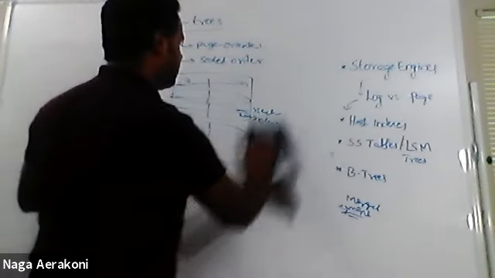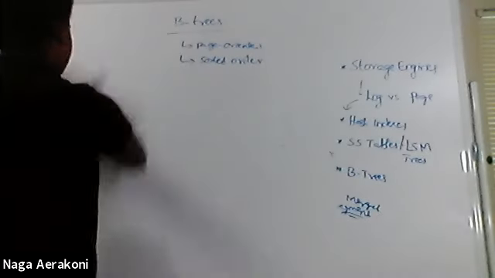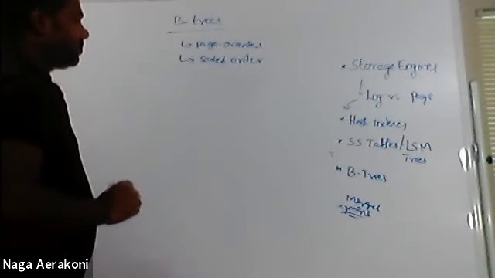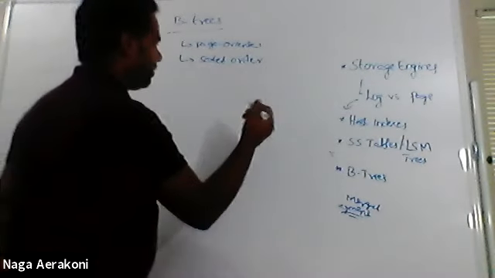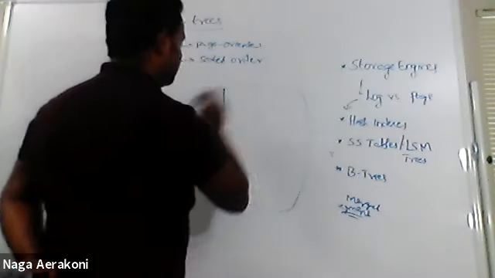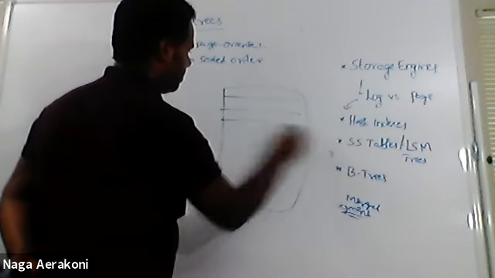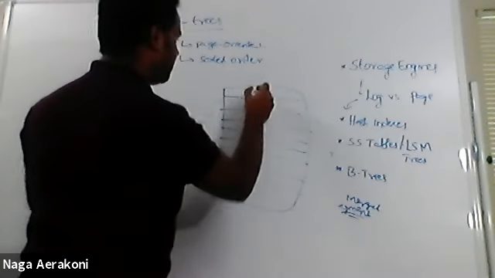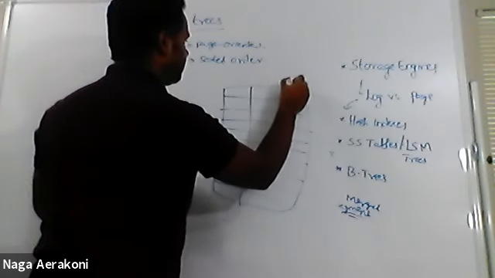I will erase this now. Let's take the same example of some numbers. Let's say this is some disk, and we have some 100 records in this portion of the disk I'm showing. Just imagine this is one block in disk.